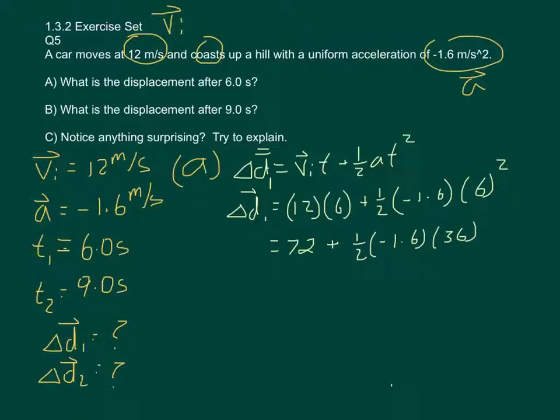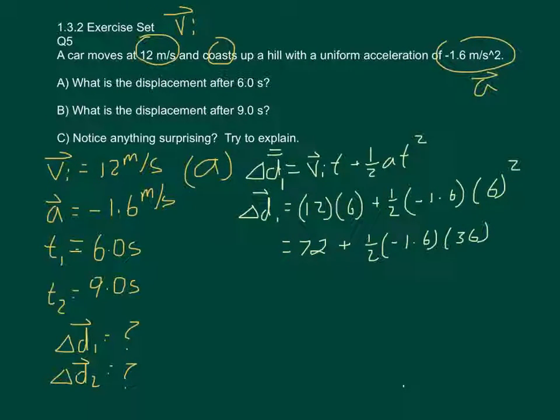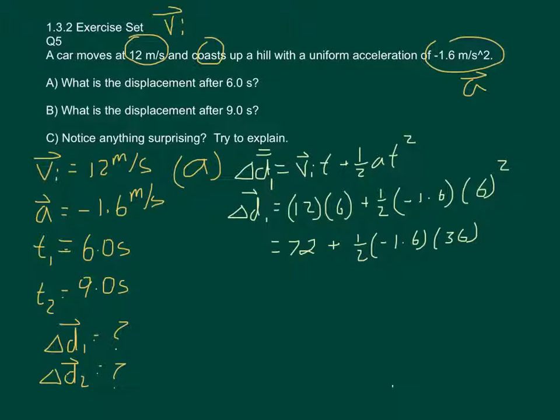It equals 72 plus, let's do the math here, 1/2 times 1.6 times 36, which is 28.8, negative 28.8.